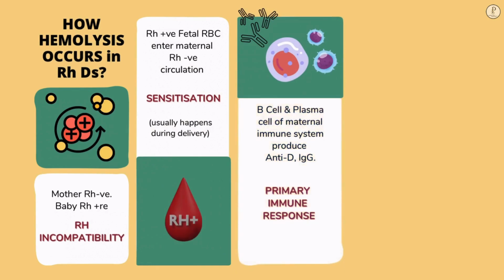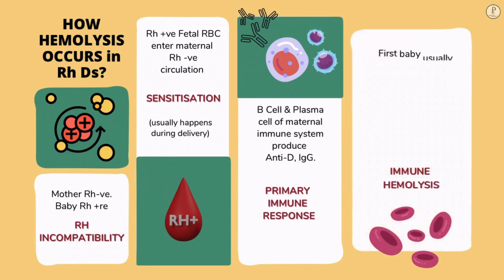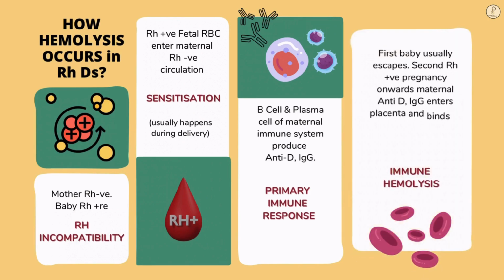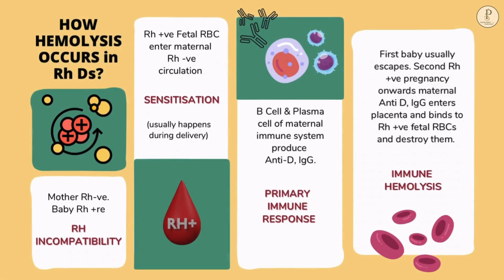B cells and plasma cells of maternal immune system then produce anti-D IgG immunoglobulin. This process is called primary immune response. First baby usually escapes. In second Rh positive pregnancy, maternal anti-D IgG crosses placenta and binds to Rh positive fetal RBCs and destroys them, causing immune hemolysis.